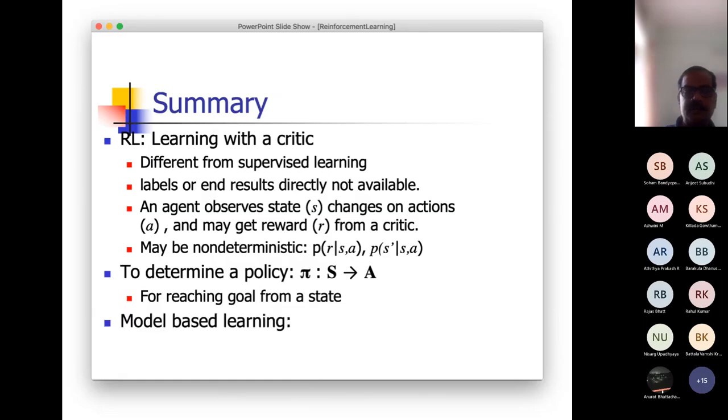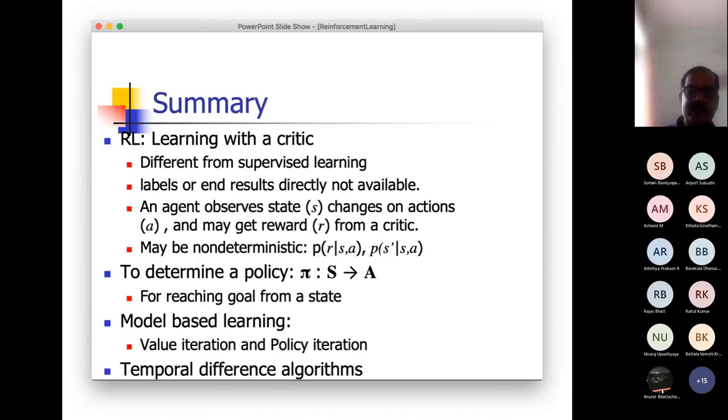And we have considered some approaches for learning this policy, two particular types of approach. One is model-based learning, where you have value iteration and policy iteration. These are two ways of learning the policy.